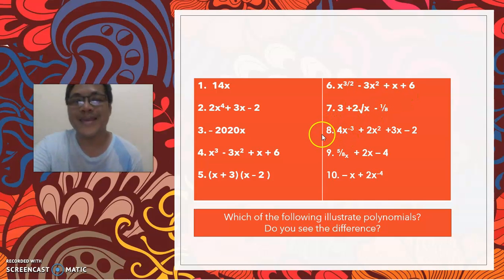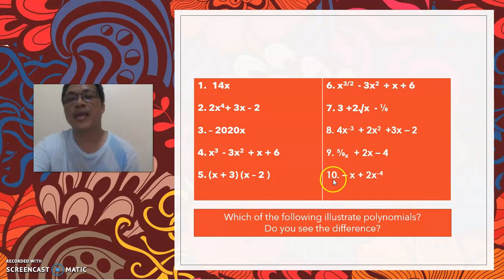Number 8, the exponent is negative 3. Number 9, there is a variable in the denominator. And number 10, the exponent is negative 4.